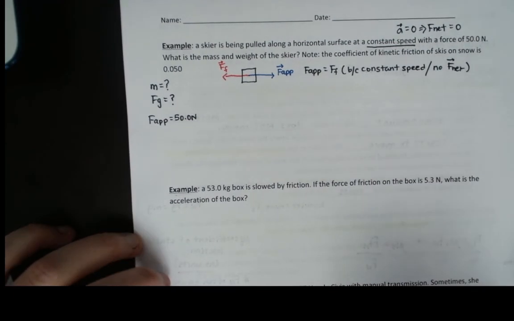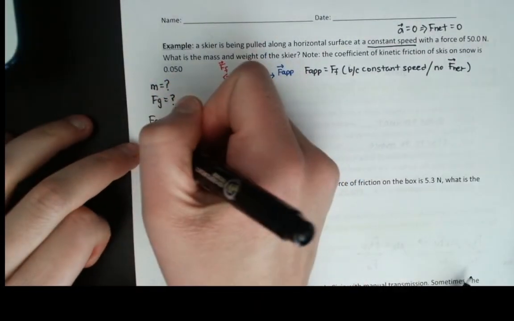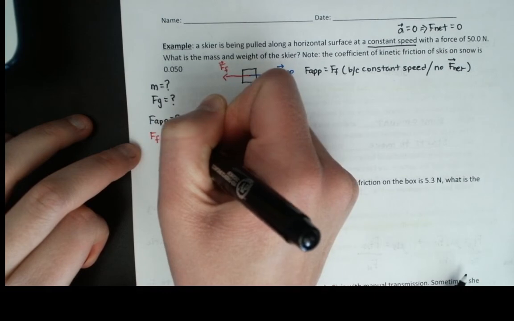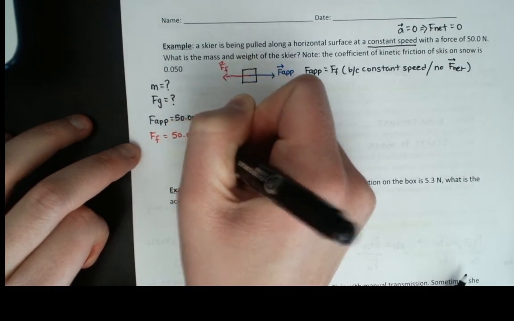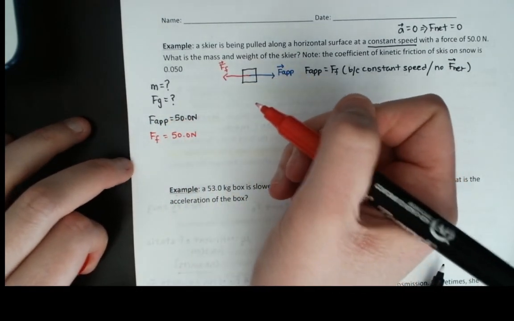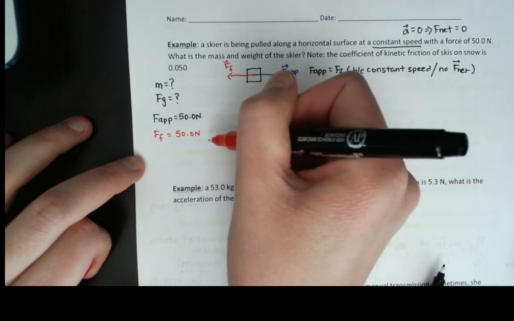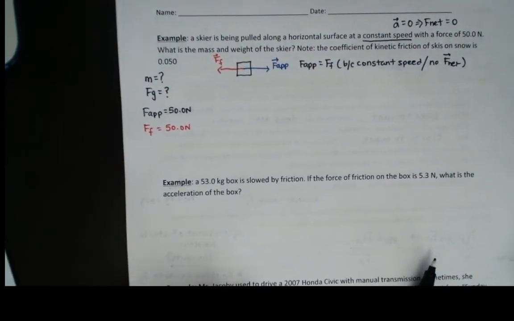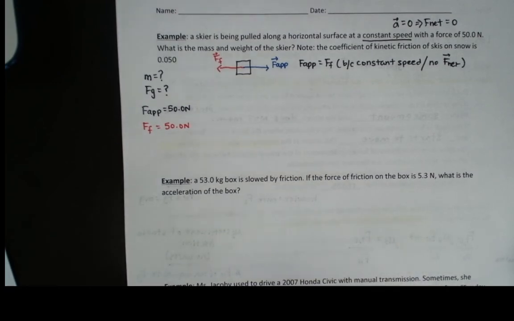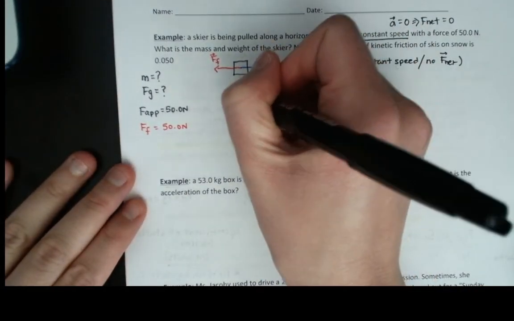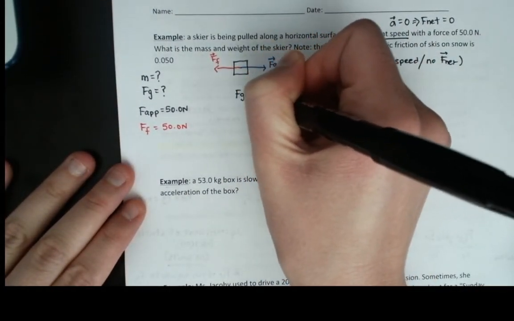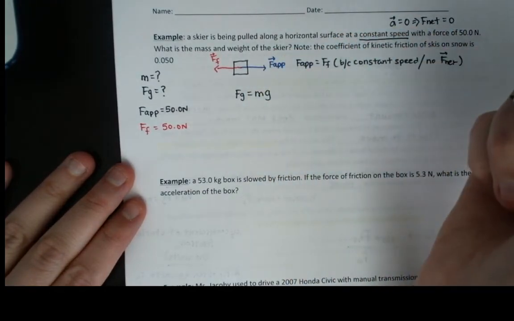So really what that means is we know that friction is also 50 newtons, okay? Applied is to the right, friction is to the left. That's the only difference, okay? So if we're looking to find Fg and we're looking to find m, let's remember that weight or force of gravity is equal to the mass times the gravity.